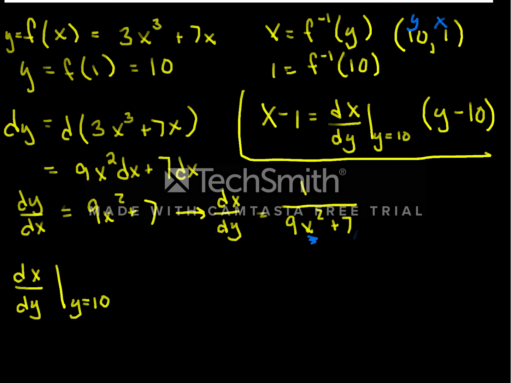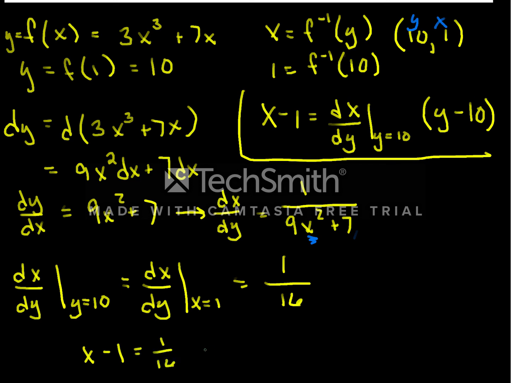So the derivative of x with respect to y when y equals 10 is the same as the derivative of x with respect to y when x is 1, which is equal to 1 over 16. So now I know what that is, and so finally the equation of my tangent line will be x minus 1 is equal to 1 over 16 times y minus 10.